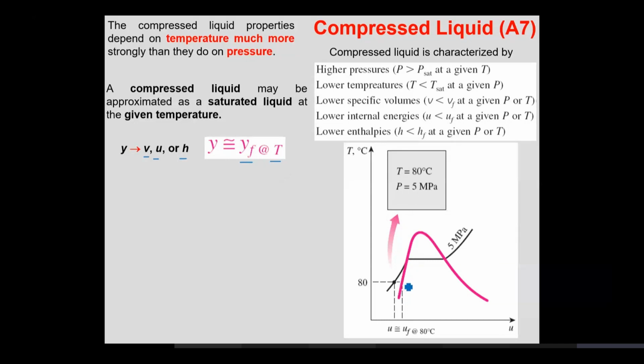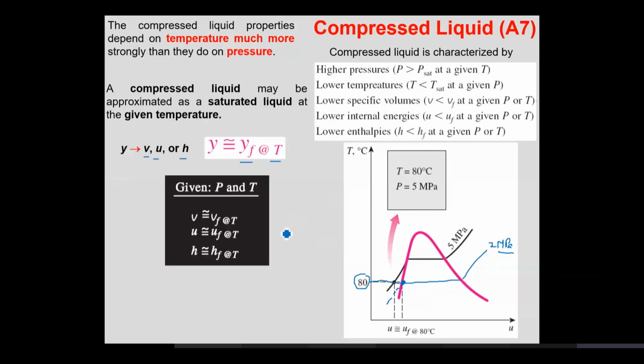For example, if I take this liquid as saturated liquid at 80 degrees centigrade, the pressure corresponding to this line would be, let's say, some different pressure, 2 megapascal. So I'll ignore the pressure. I'll just take the temperature as my reference and measure the value of saturated liquid at that temperature. So all three values, specific volume, internal energy, or enthalpy, can be approximated as saturated liquid values at the given temperature. I hope this is clear up till now.